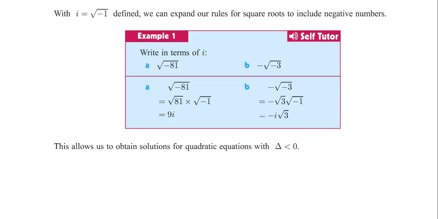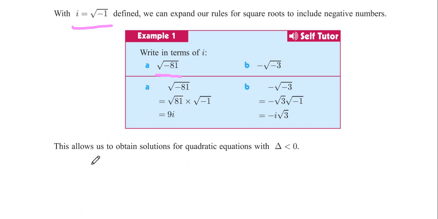Okay. Now looking at this example, where iota is equal to under root minus 1, let's expand our rules for square roots, including negative numbers. In terms of iota, the question says under root minus 81. Because there's a minus, that is the minus 1.